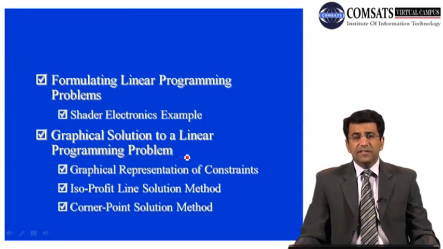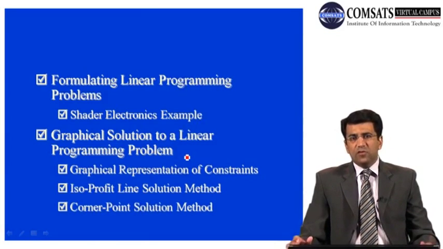Then we discussed in detail the graphical method of linear programming, and the different graphical steps involved. First of all we will have to define the constraints, and then one by one we will convert these constraint inequalities into equalities, and then we will put the values of the decision variables one by one equal to 0, and finally we can have two different points for a particular constraint.